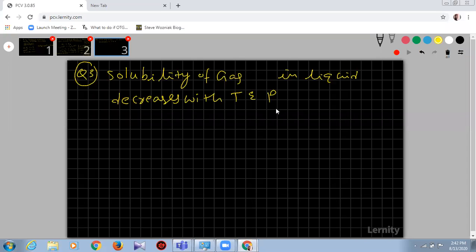He is asking for the incorrect statement. Is it a correct statement or an incorrect statement? Solubility of gas. So that is the first statement.